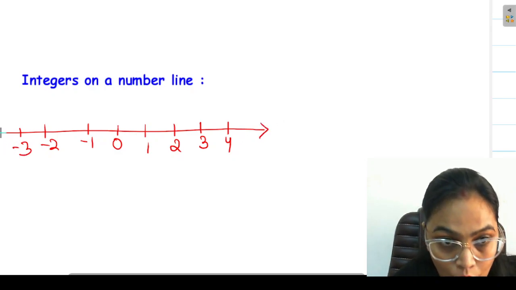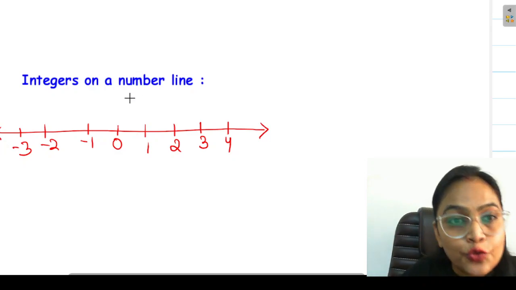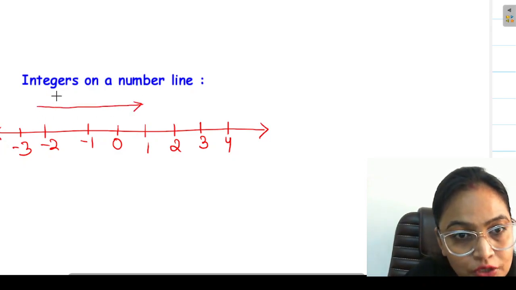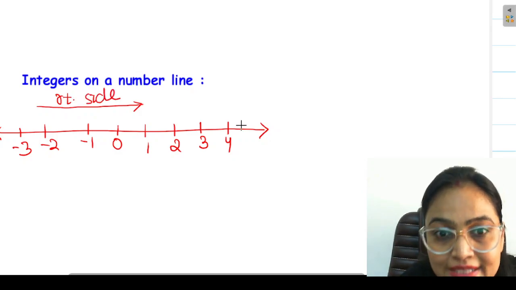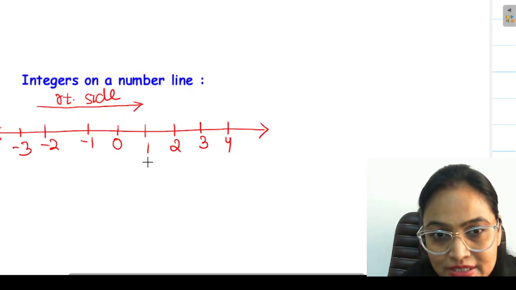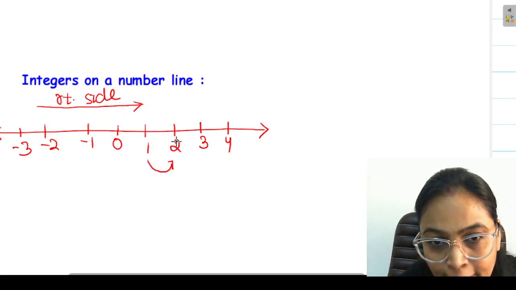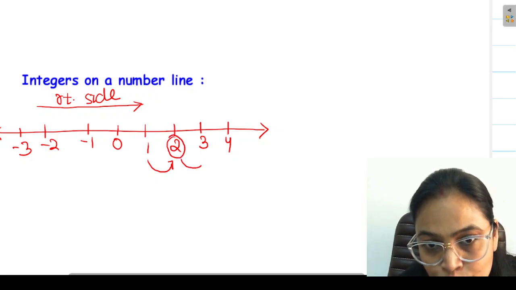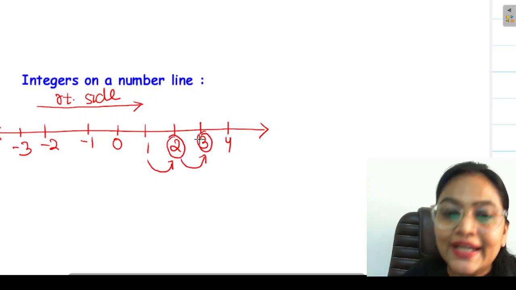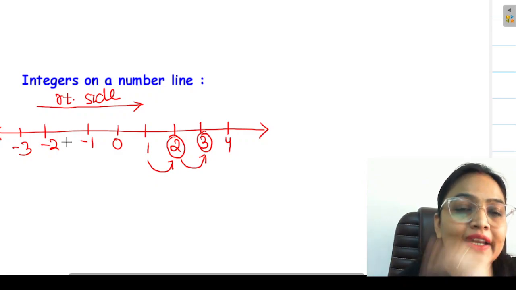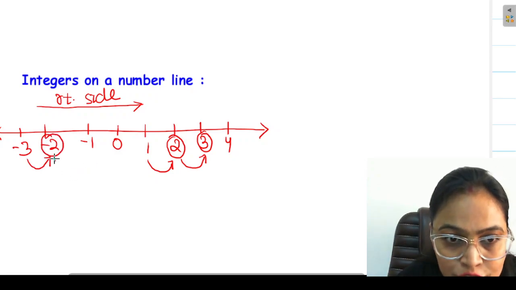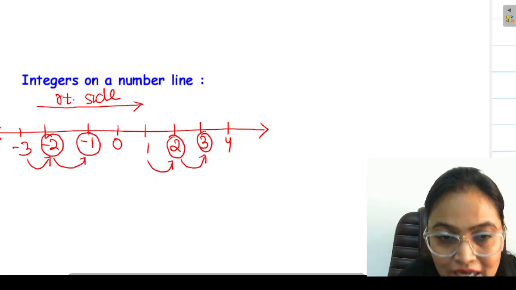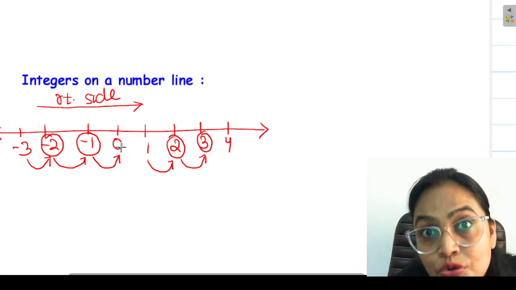And always remember that as we move towards the right hand side of the number line, the numbers increase. That means if we see the positive numbers, if I go from 1 to 2, then 2 is a bigger number. If I go from 2 to 3, 3 is a bigger number, right? Same is followed in case of negative numbers as well. If I go from -3 to -2, in this case -2 is a bigger number. -2 to -1 is a bigger number. -1 to 0, 0 is a bigger number.